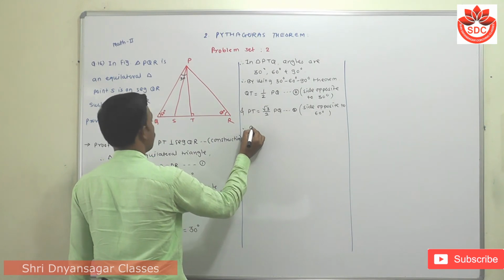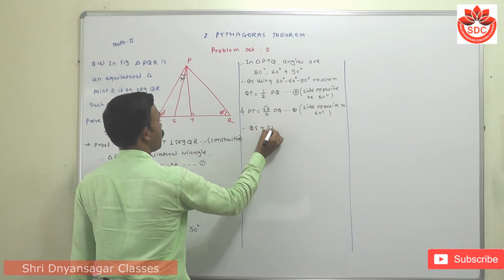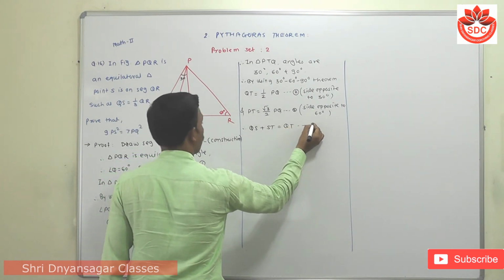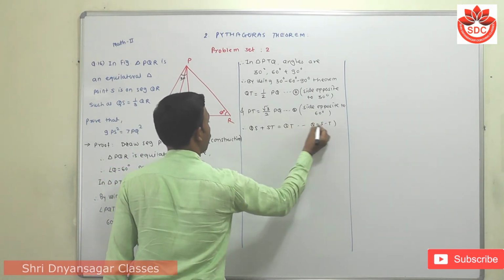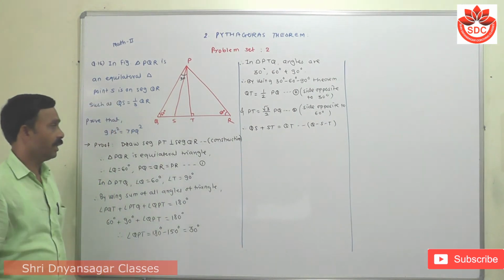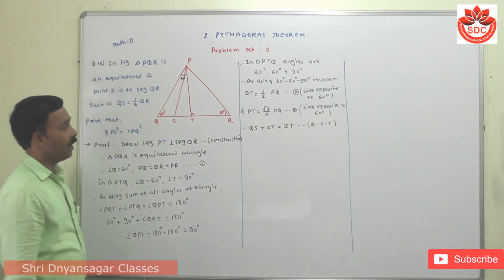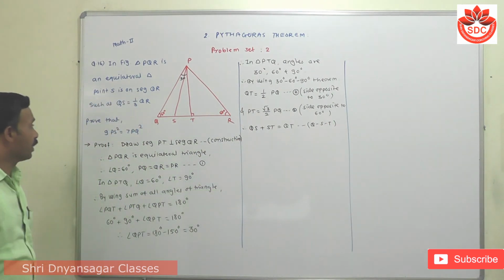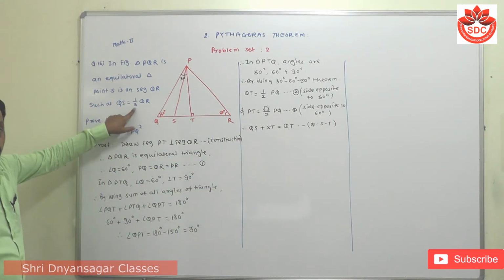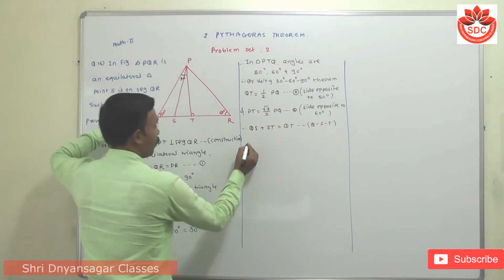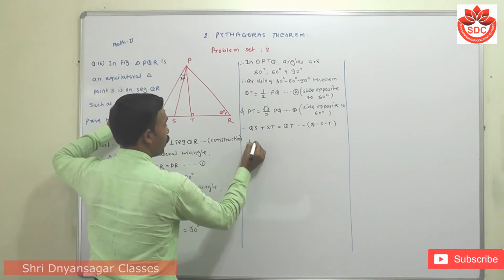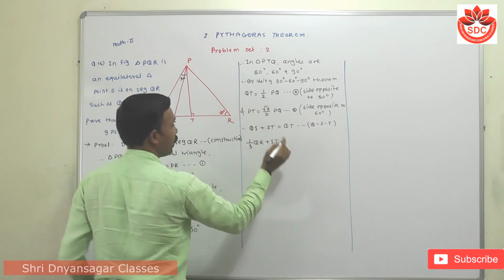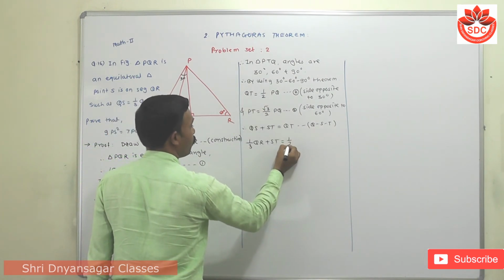QT is equal to QS plus ST, because Q-S-T are in betweenness, by the in-betweenness property. We substitute the values. The value of QS is given here: QS is equal to 1 upon 3 QR. So here I have substituted 1 upon 3 QR plus ST as it is, and QT from second, that is half of PQ.